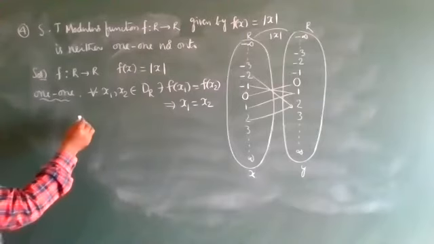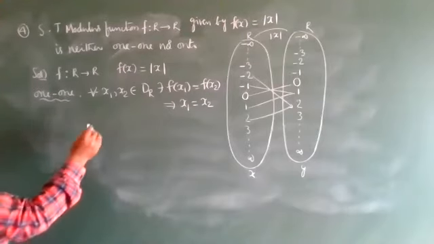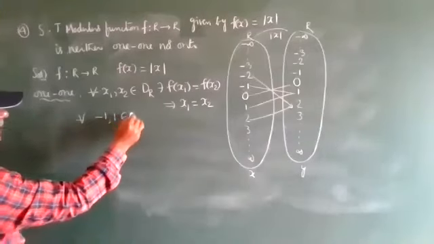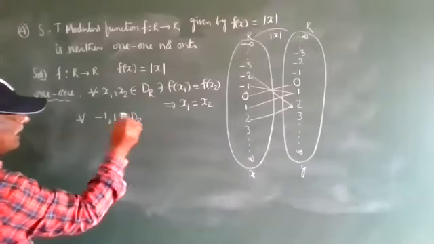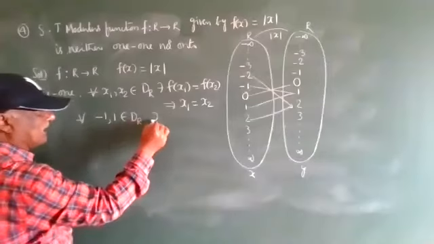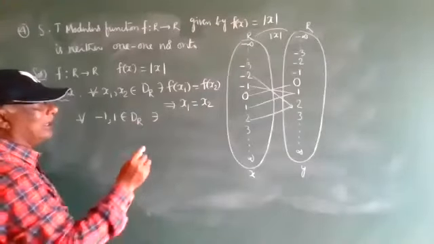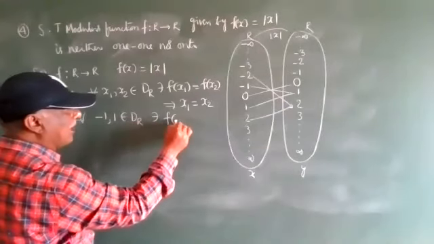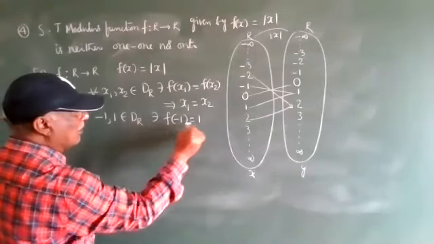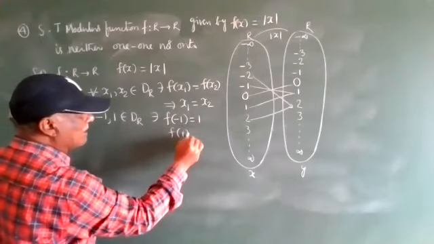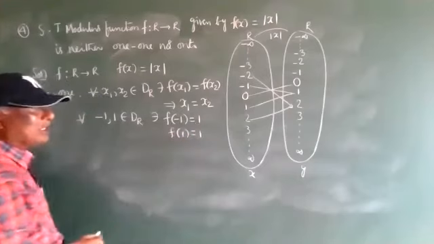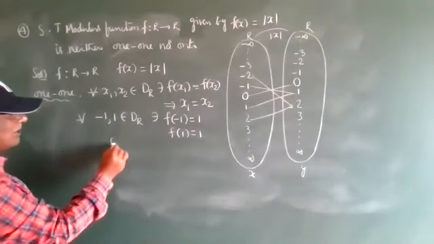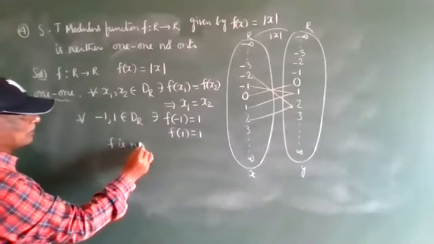Now see, for minus 1 and plus 1 belonging to the domain of real numbers, such that their image is the same: f of minus 1 is equal to 1, f of 1 is equal to 1. The image is repeated. Therefore, f is not injective.